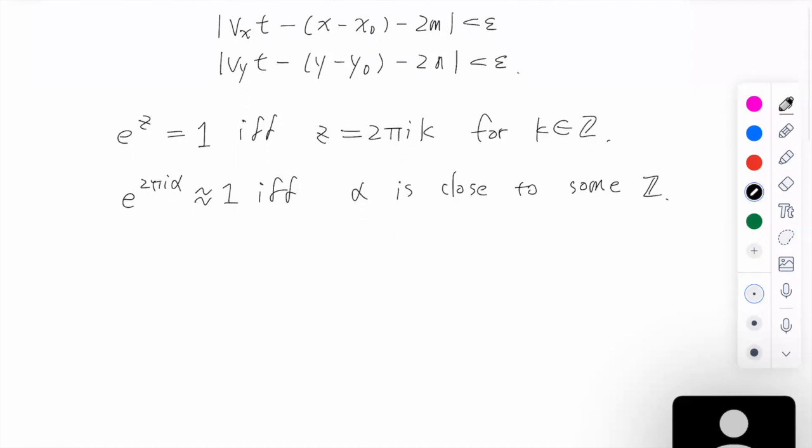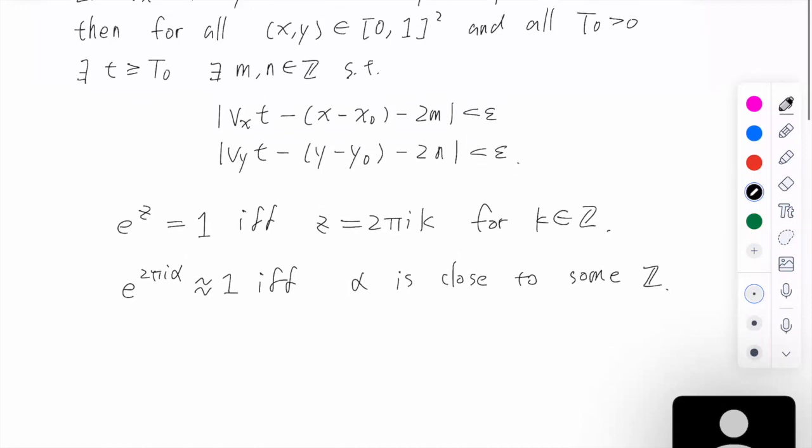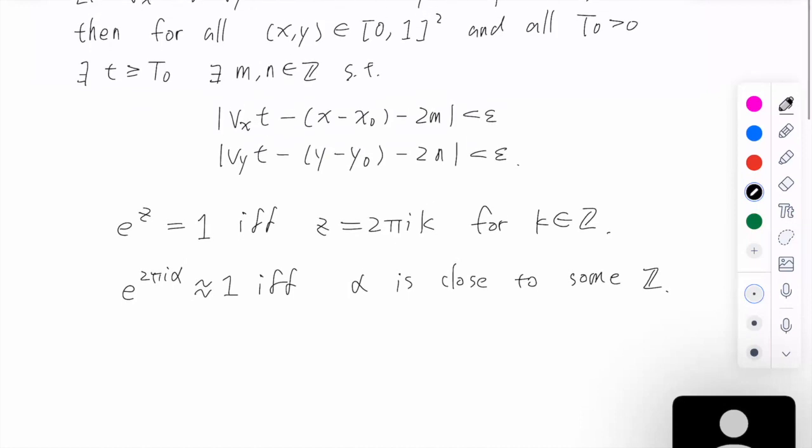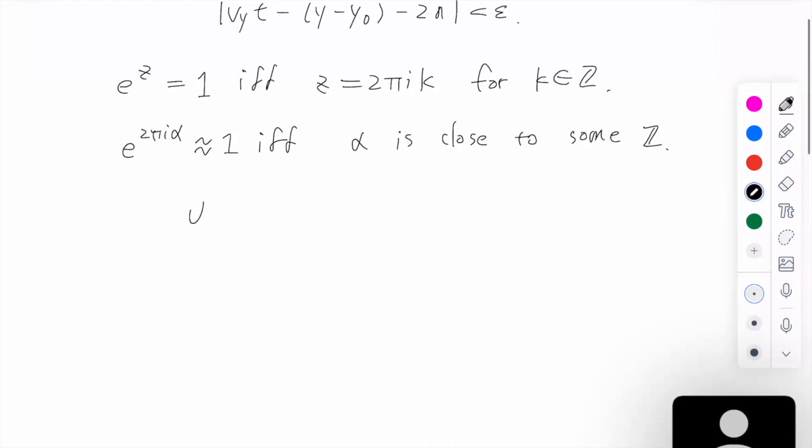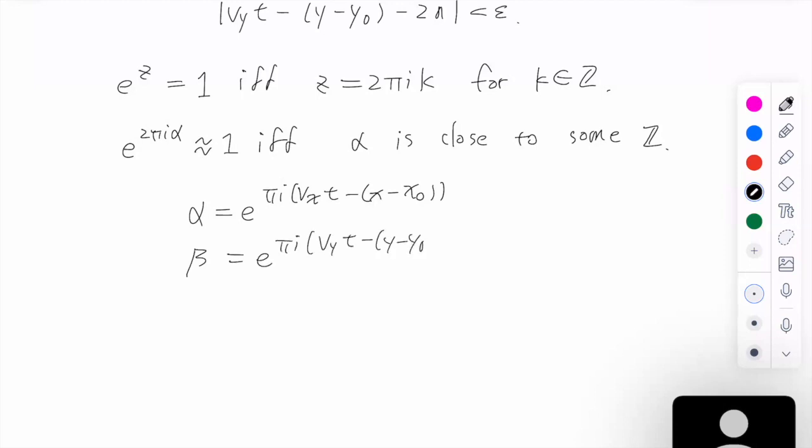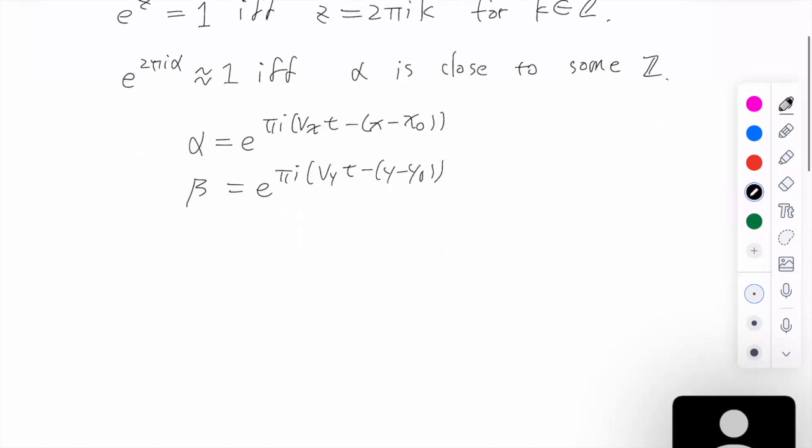So using this principle, we can transfer our task here into the following. If we define alpha to be e to the pi i vx times (t minus x minus x0), and beta to be e to the pi i vy times (t minus y minus y0), then we see that alpha and beta are close to 1 if and only if the exponents approximate some even integers.